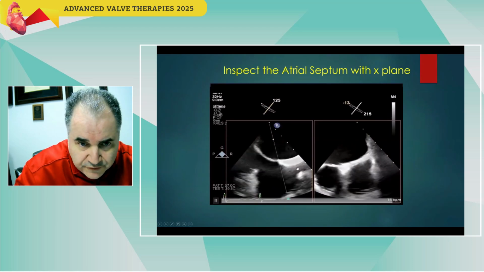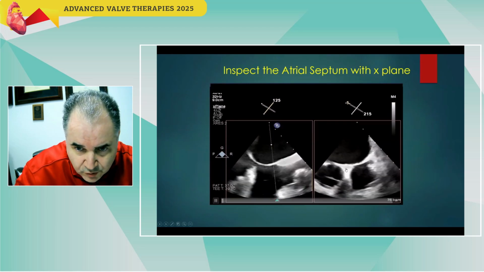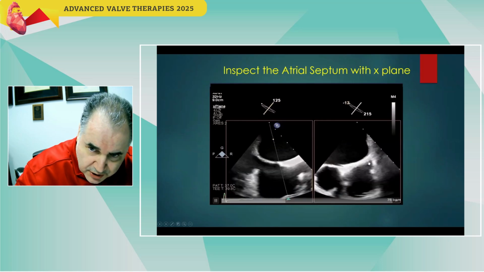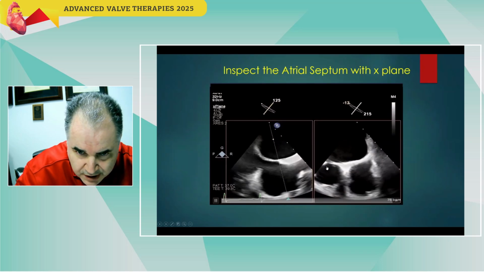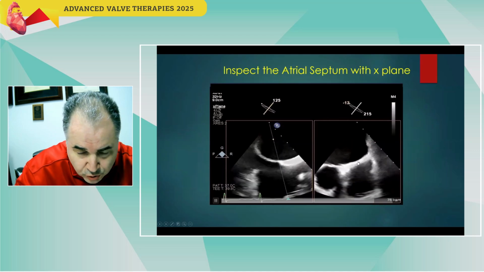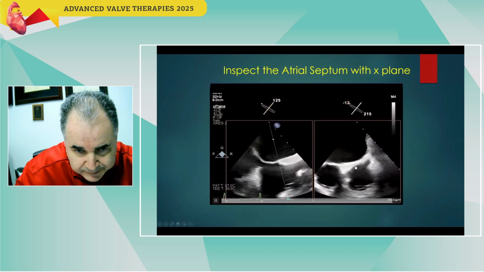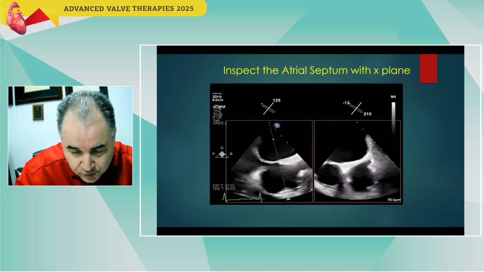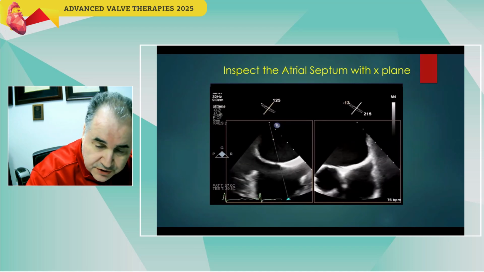So this is the superior vena cava, inferior vena cava, and on the 90 degree image, this is the aorta, the anterior part of the septum, and this is the posterior part of the septum. It is very important to know these landmarks in order to prevent problems when you cross and cause perforation of the wall or the aorta. So this is very critical.